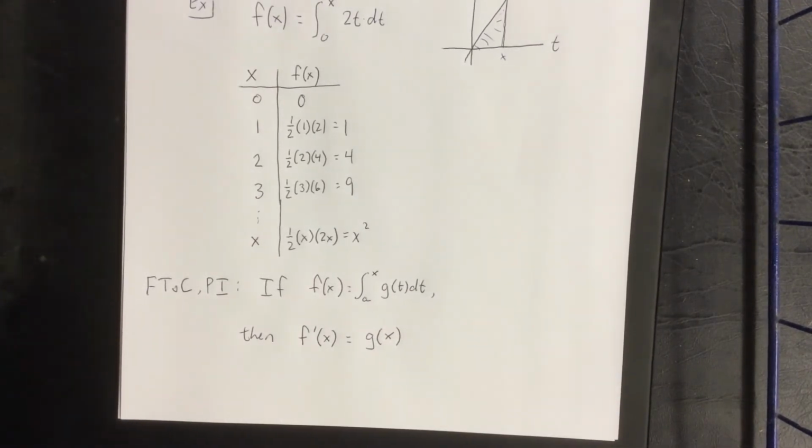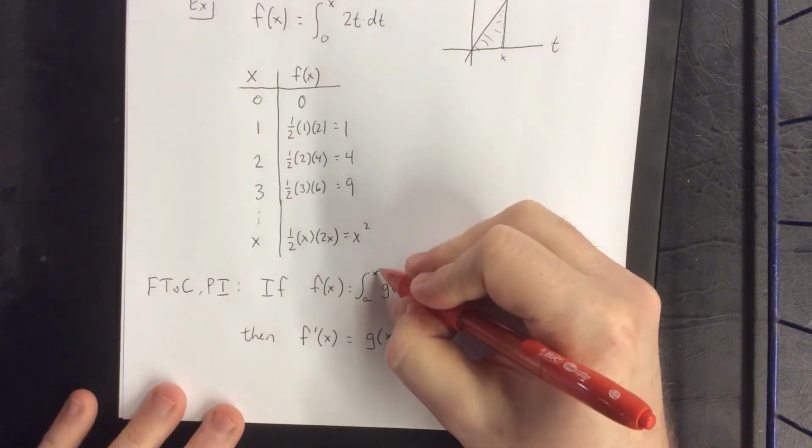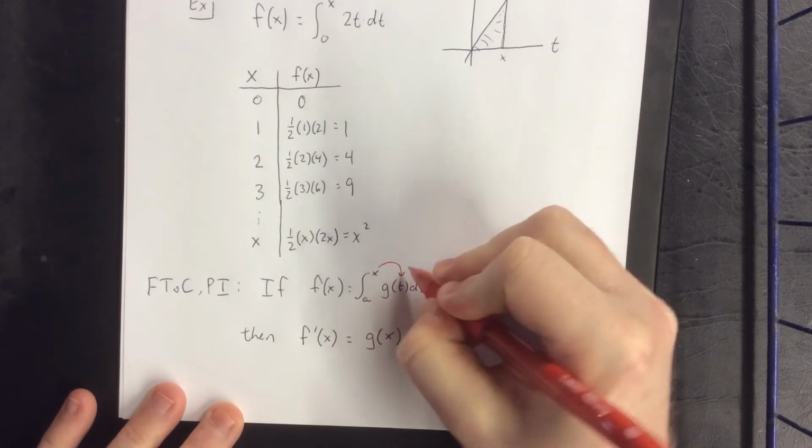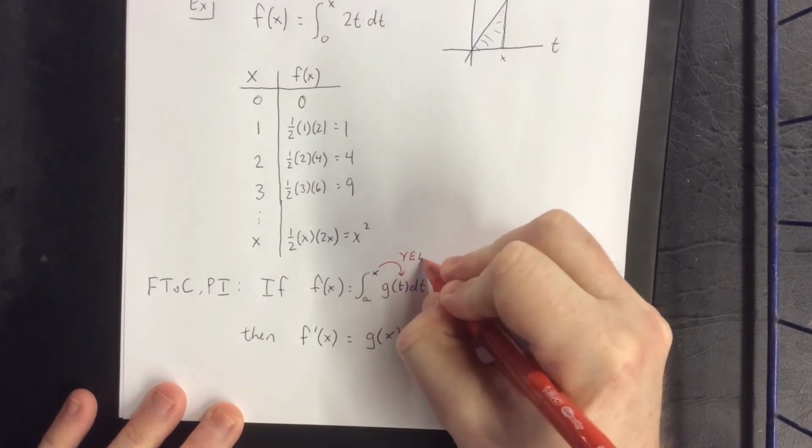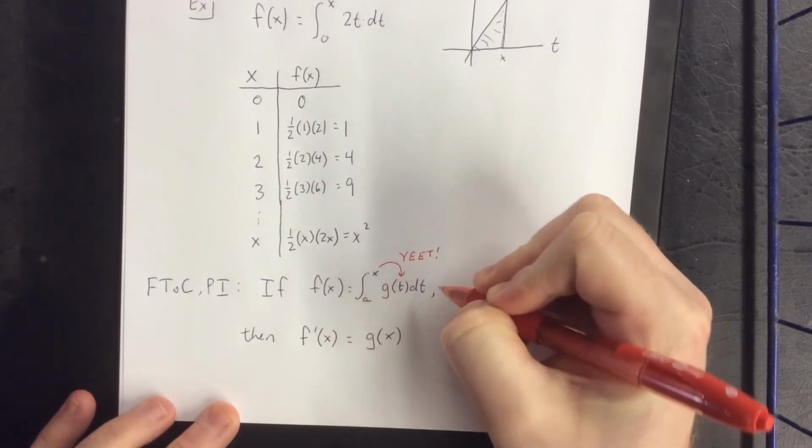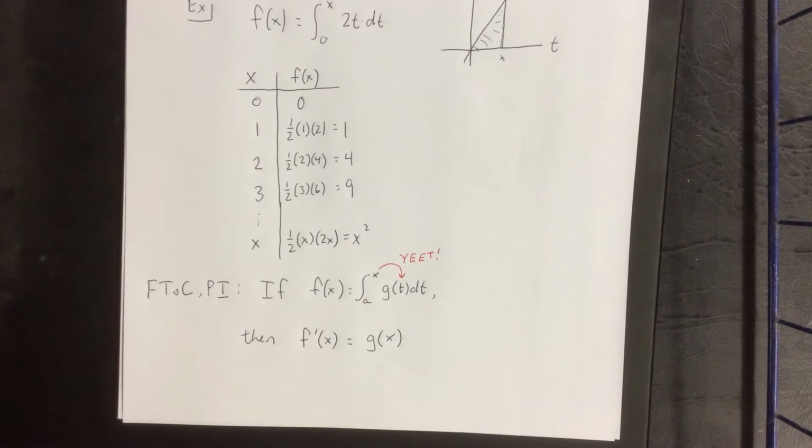Now, if I understand young people the way that I think that I understand young people, I believe this would be the proper notation that we use in a case like this. Get that t out of there and yeet an x into there. Hopefully that makes more sense.